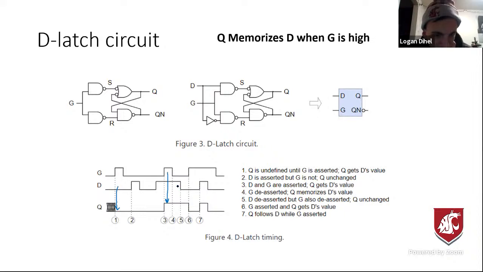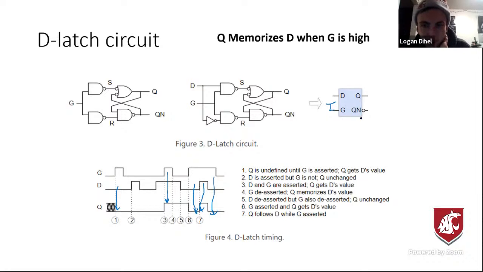It just kind of continues. And then again, right here, we have a memorize there, and this one's memorized, and that one's memorized. So you see that when G is held high... but here's a question: let's say that I just tie this one to VDD. What is Q going to equal?